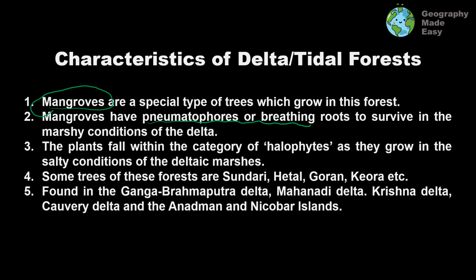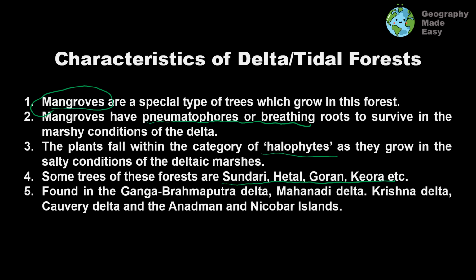The plants fall in the category of halophytes, which means that they can grow in salty conditions. So the group of plants which can grow in salty conditions are known as halophytes, and mangroves are a kind of halophytes. Some of the trees growing in this place are the Sundari, the Hetal, the Gorao, and the Kaura.